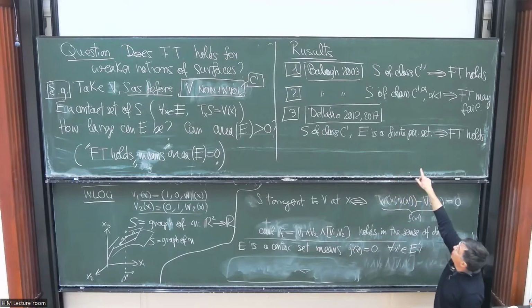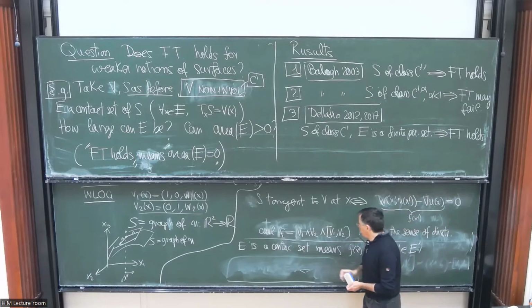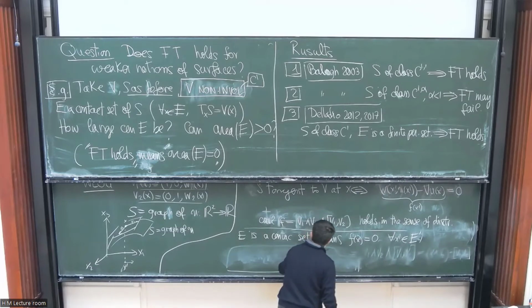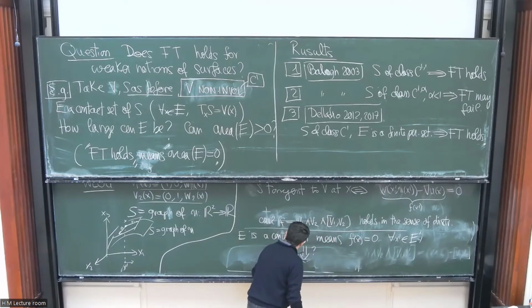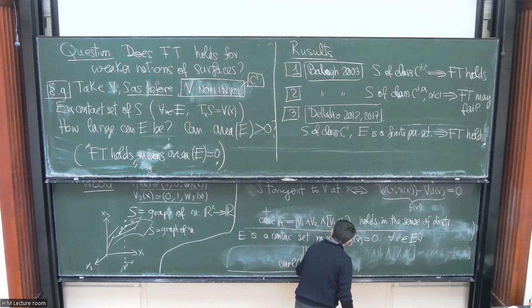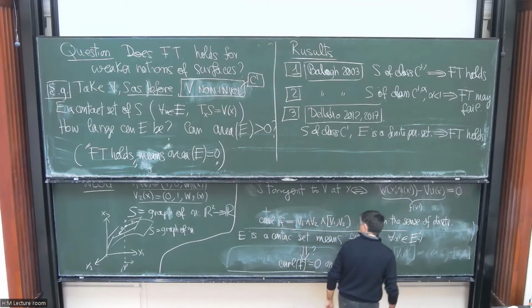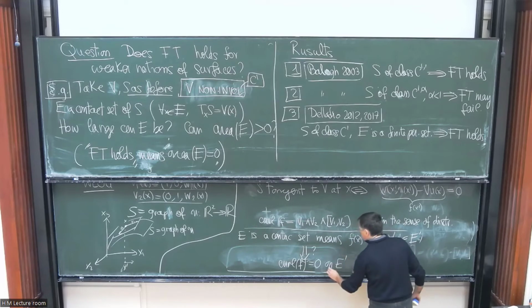That's exactly the first result of Balog, which is easy. So the question is essentially the following: does this imply that the curl is 0? And let's say almost everywhere.